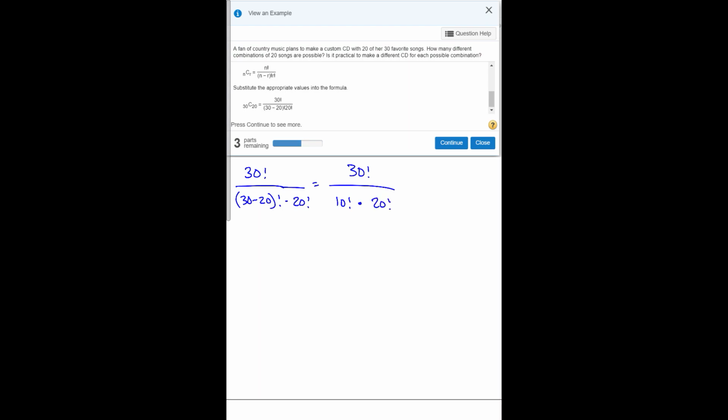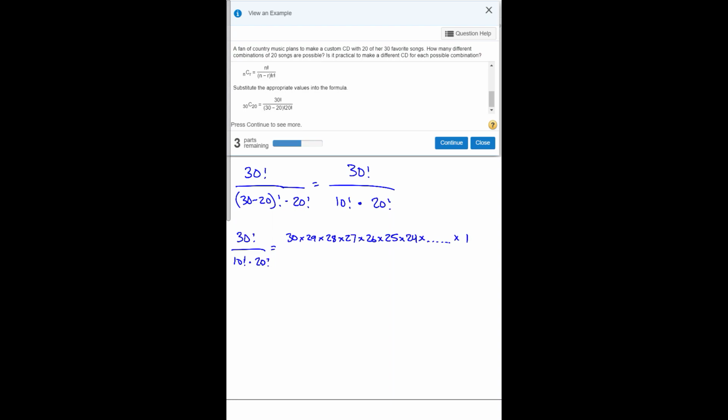If you know your definition of factorial, it's the number times all the numbers that are smaller than it. So 30 factorial can be rewritten. I'm not going to have enough room for it, unfortunately, but hopefully you'll see the idea. 30 factorial is 30 times 29 times 28, 27, 26, 25, 24, all the way down to 1.